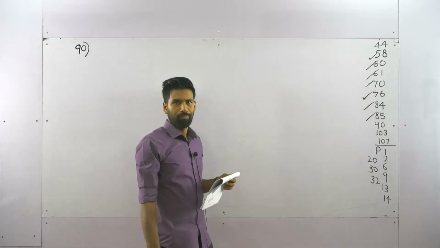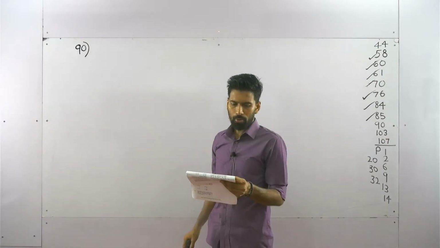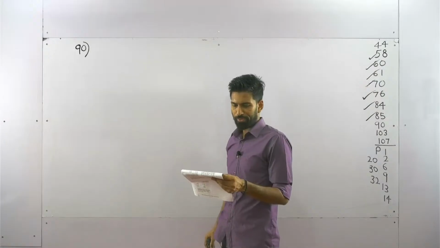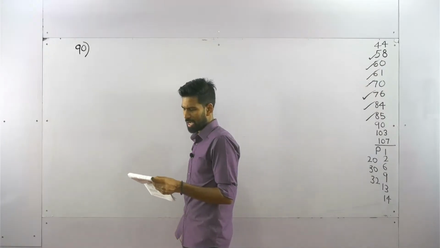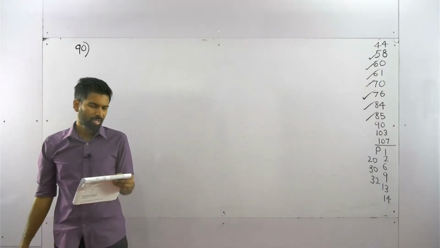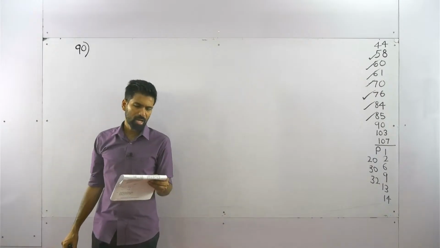Question number 90. A body starts from rest with a uniform acceleration. If its velocity after n seconds is v, then its displacement in the last 2 seconds is.